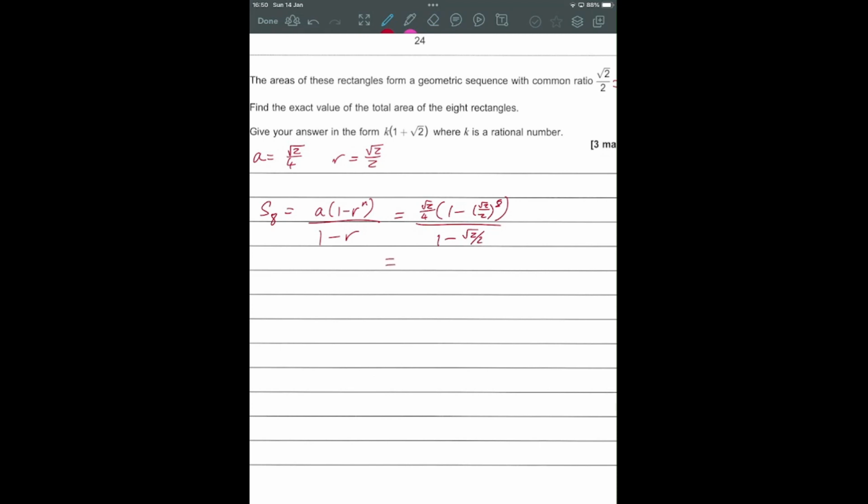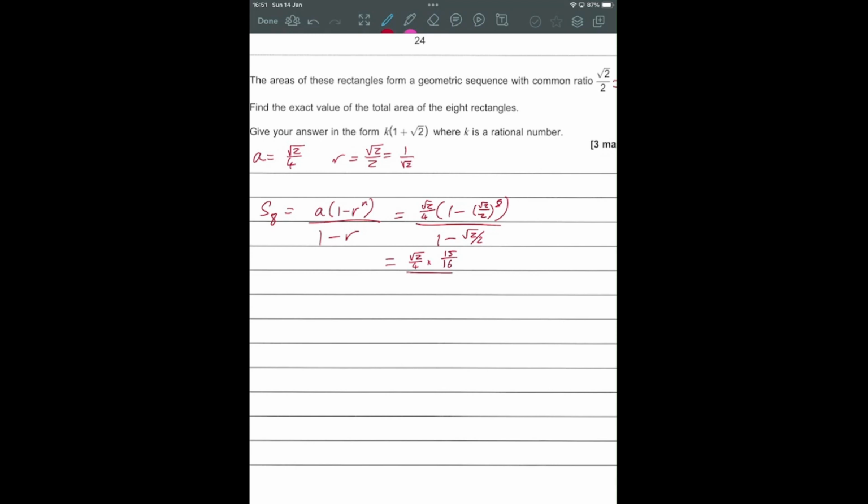First thing to try and simplify is that root 2 over 2 to the power of 8. If I do want to trick my brain a little bit, I can unrationalize the root 2 over 2. So 1 over root 2 to the power of 8 is 1 over 2 to the 4, which is 1 over 16. So that's root 2 over 4 times 1 minus 1 over 16.